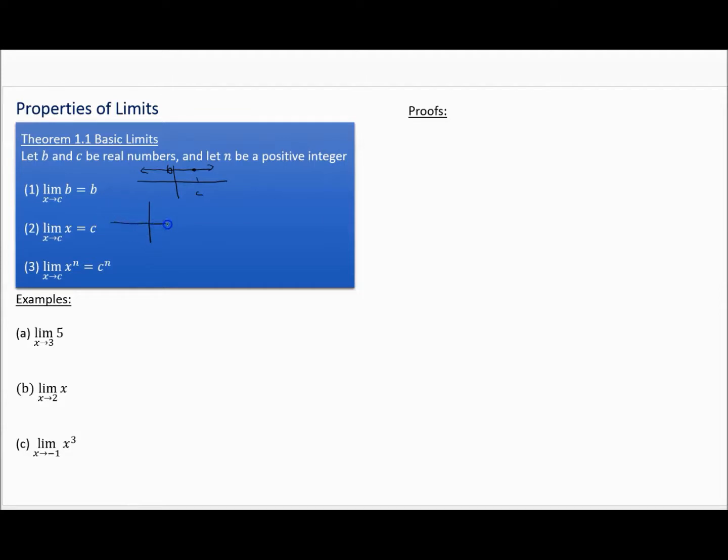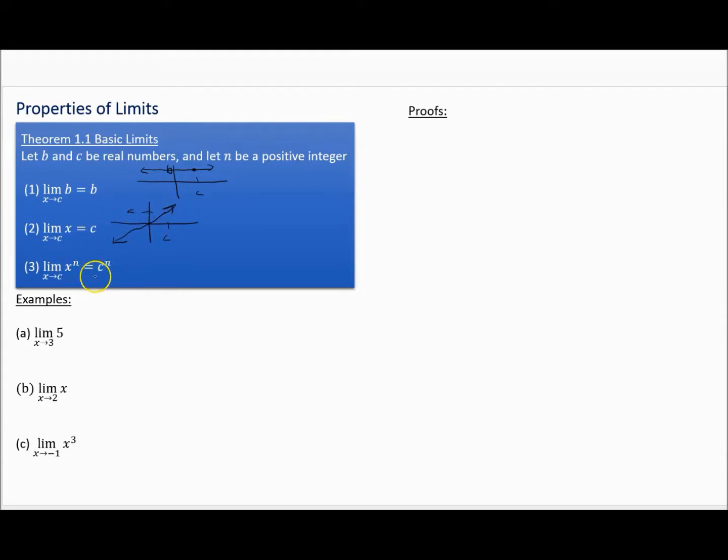Next, you know what the graph of y equals x looks like. It's a straight line, that perfect diagonal. So if this is c, and I go up and meet the function, turns out that's c as well. It's like you're plugging c into your x value, and it's going to give you c.